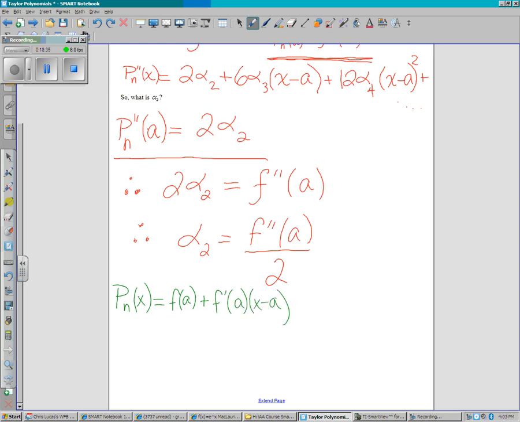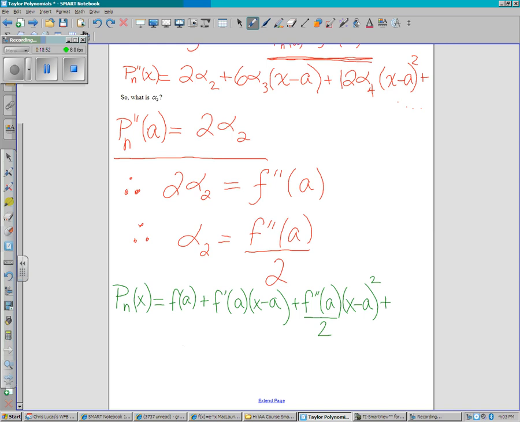That's easy enough to remember, that's the line, plus f double prime of a times x minus a squared, and this is over 2. What the next term is? Well, we're going to have to find out.